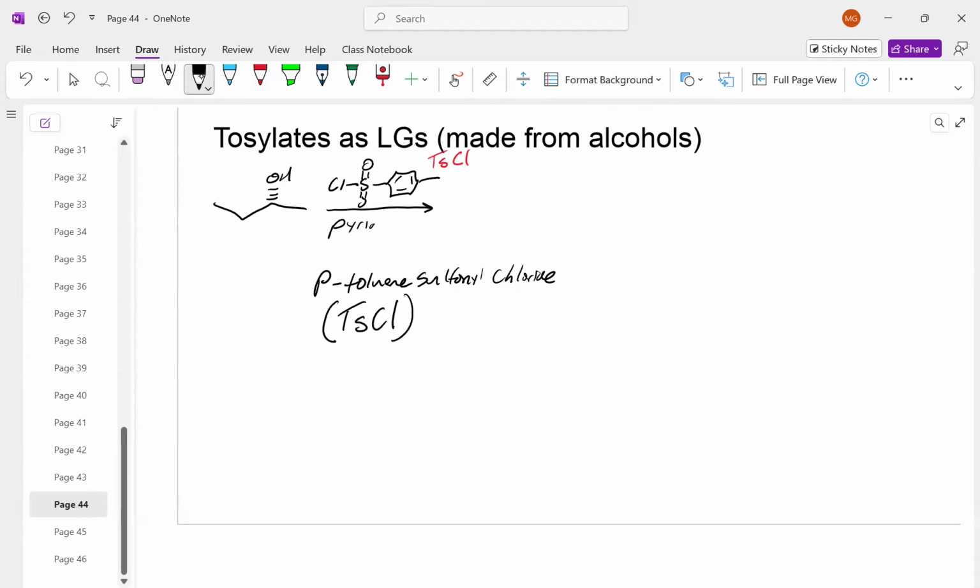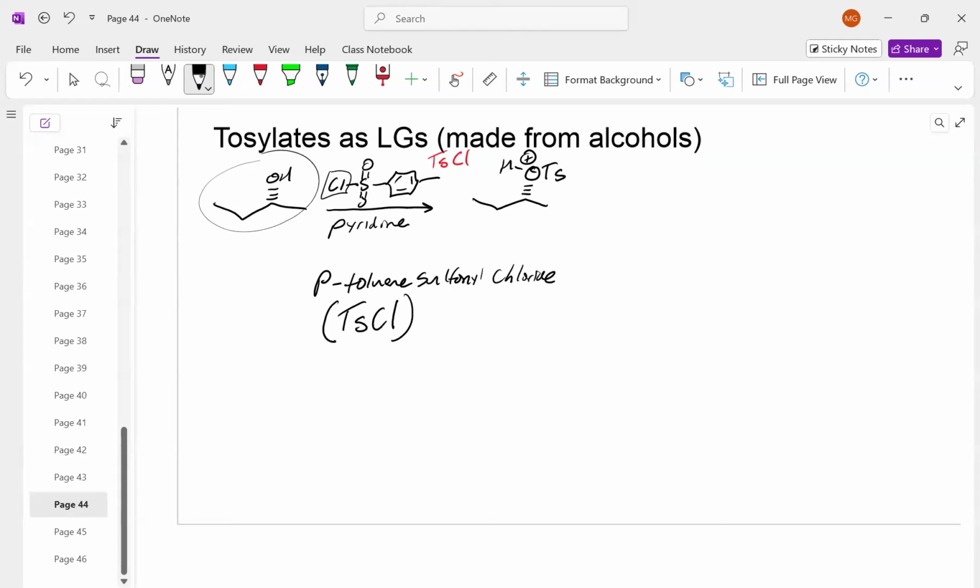Now, this is also done with pyridine. We've seen pyridine before, so make sure you know that. But what this is going to do is the OH, this whole alcohol, is going to replace the chlorine. And you get this initially. Now, notice I didn't draw out the whole tosylate group.